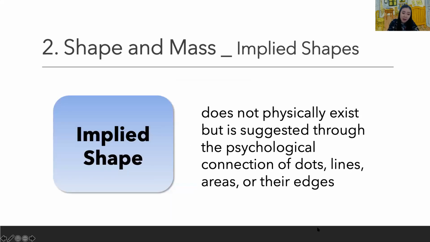Like line, there is an implied shape in art. An implied shape is a shape that does not physically exist, but is suggested through the psychological connection of dots, lines, areas, or their edges. So let me show you an example.